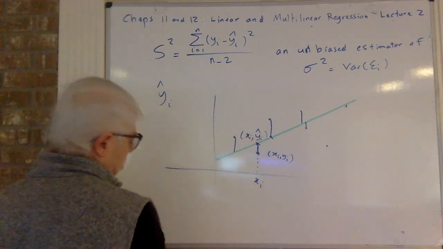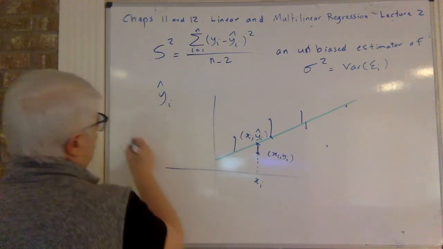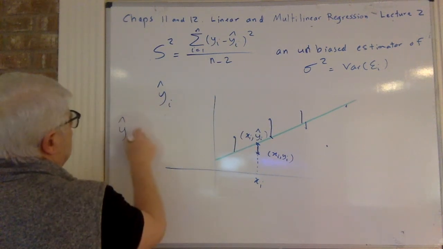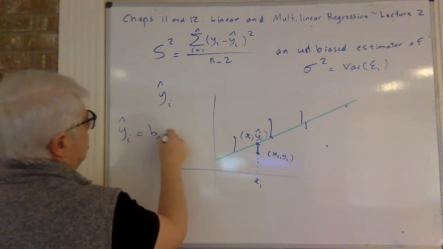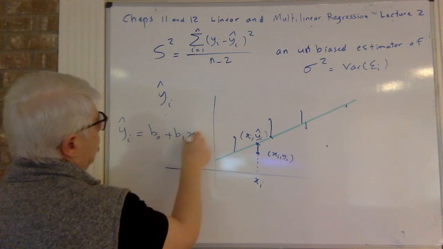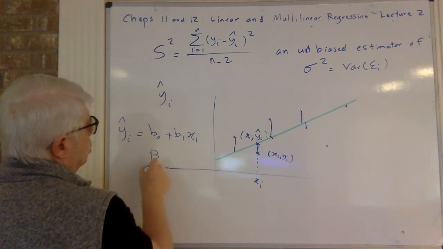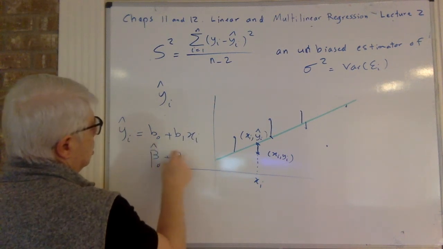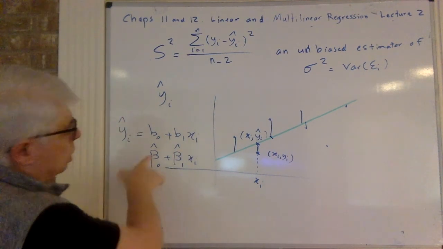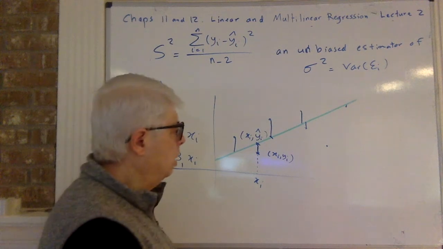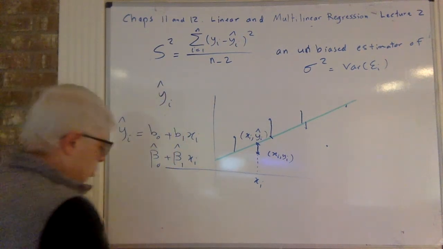Now, this y hat i will be something like b0 plus b1 xi, what I have calculated. In some books they use beta, not alpha. I used alpha, so let's use alpha.